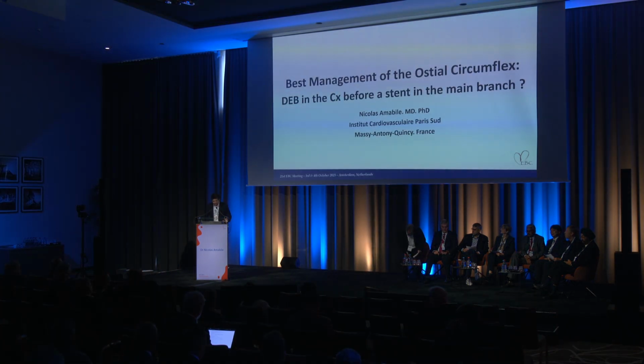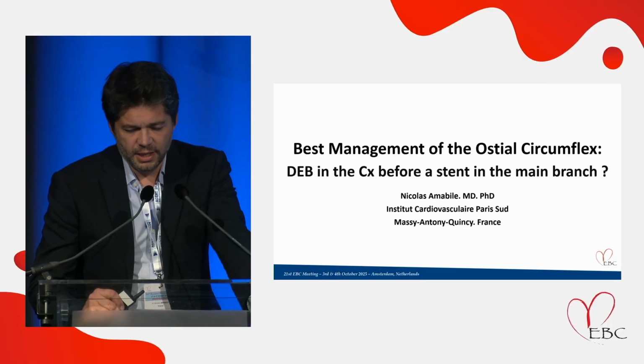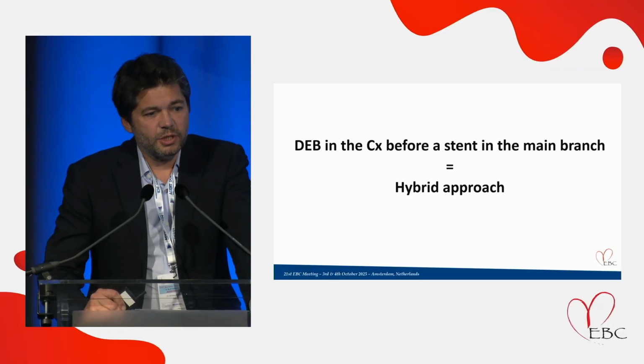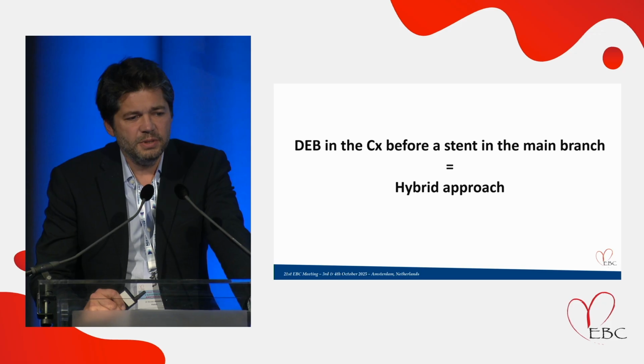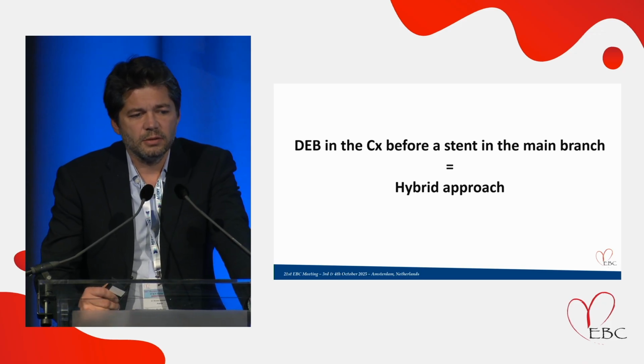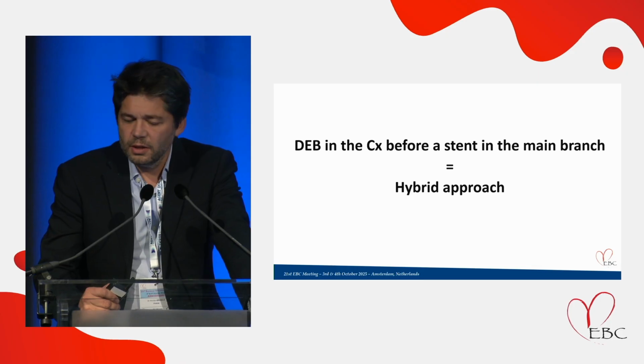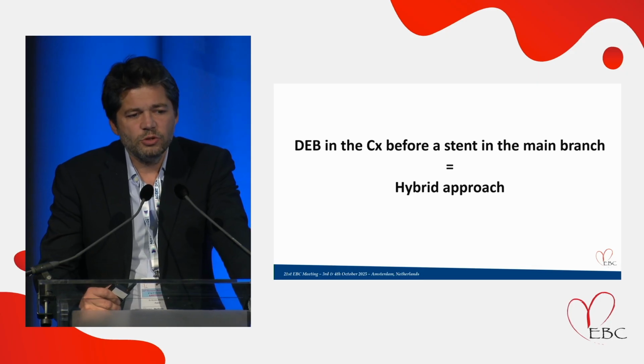Thank you, Jens. Thank you for this challenging invitation. There was a lot of debate during this meeting about the role of DCB for ostial circumflex, and the question of putting a DCB in the circumflex before stent in the main branch means that we want to think about the best way to apply the hybrid approach.